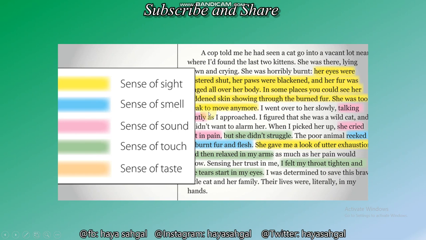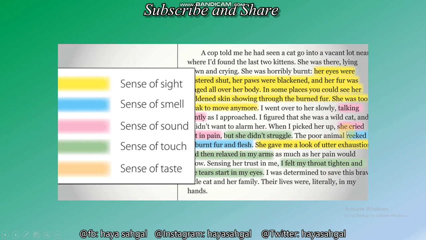He was just talking about some few important things. He was unable to talk properly. So silently means he was talking in a very low voice. I figured that she was a wild cat. Now not just cat, but a descriptive word is added.